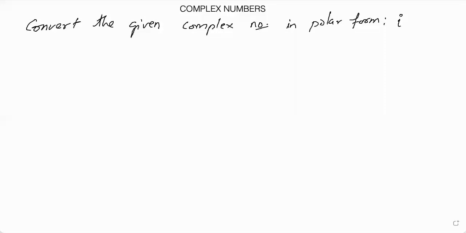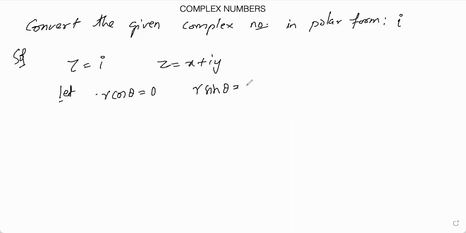So let us try to solve this now. z is equal to i, which is in the form of x plus iy. So let r cos theta be 0 and r sin theta be 1.